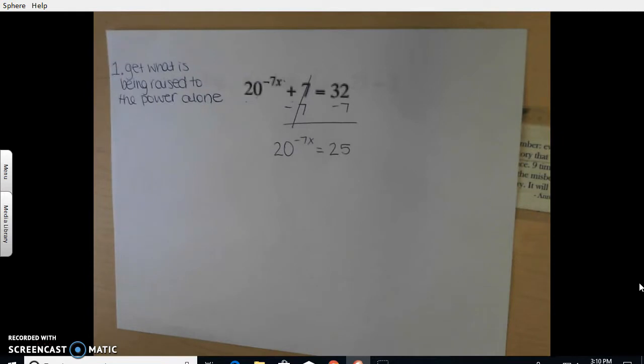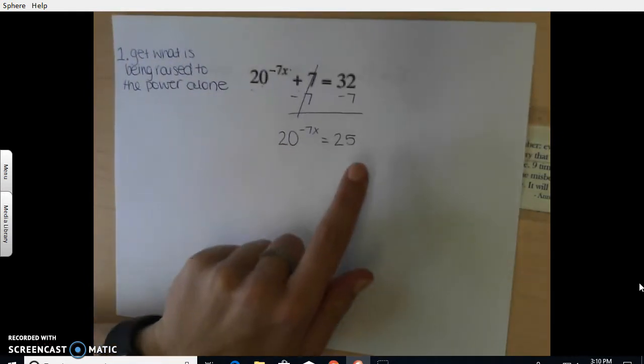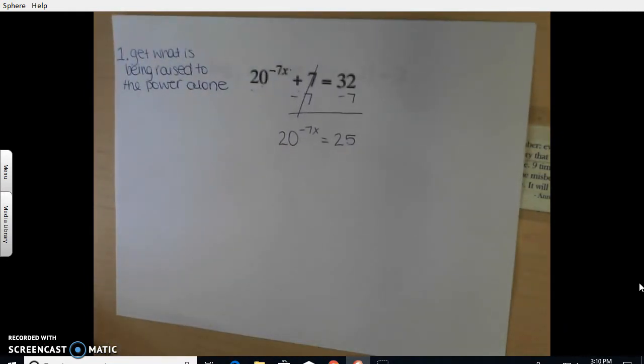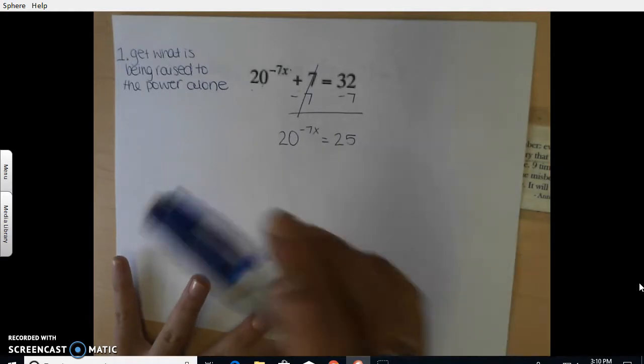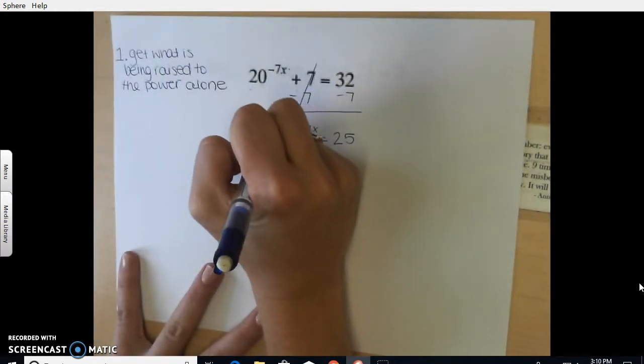And now I can't rewrite the bases of 20 and 25, so I have to use the inverse. And we have talked about the inverse of exponential functions being logarithmic functions. So I am going to log both sides of my equation.